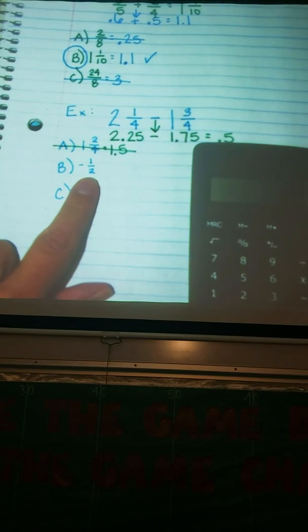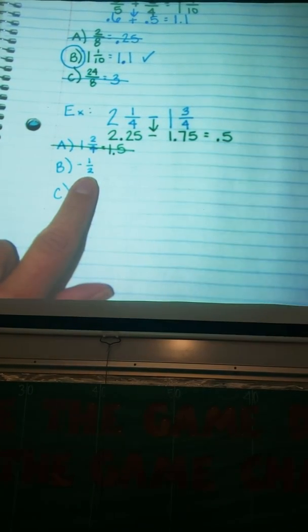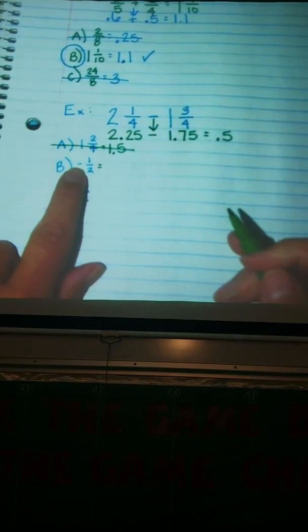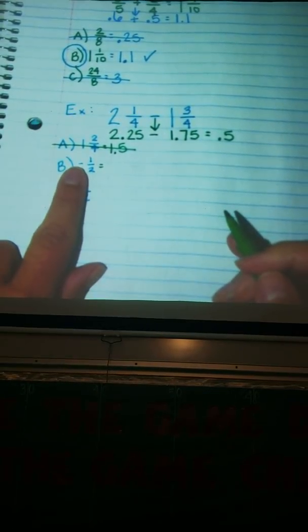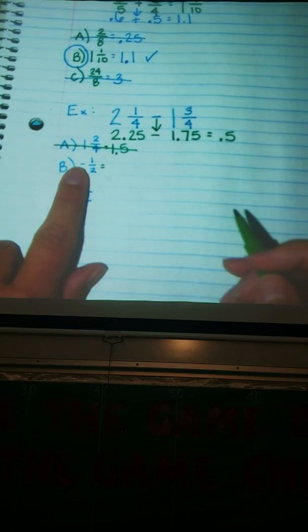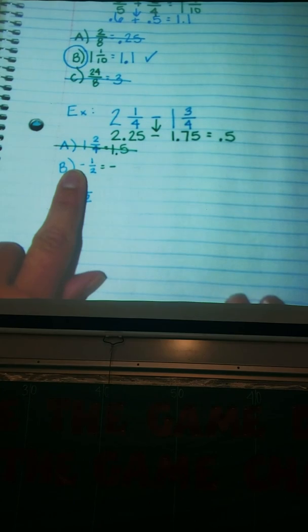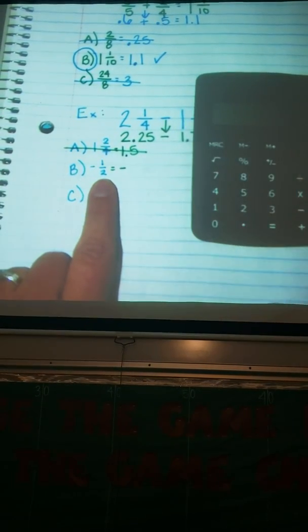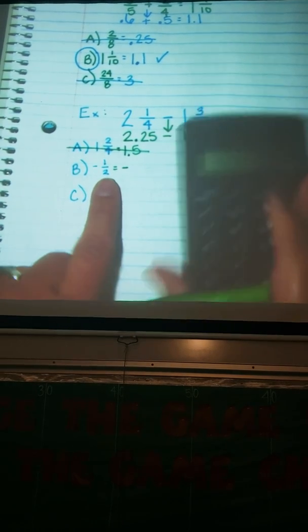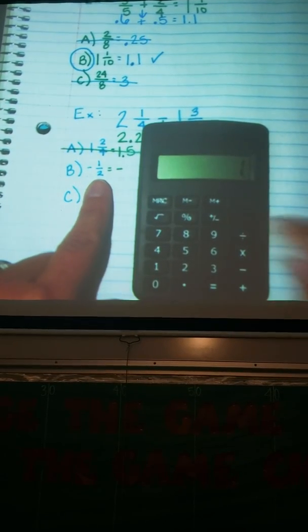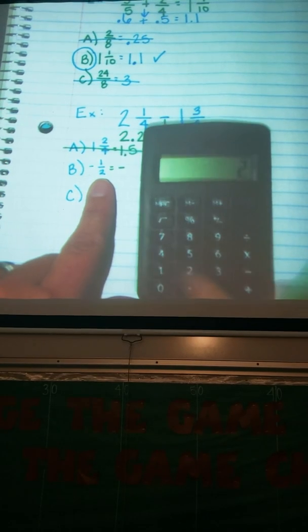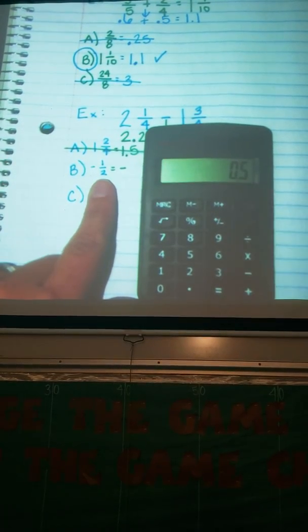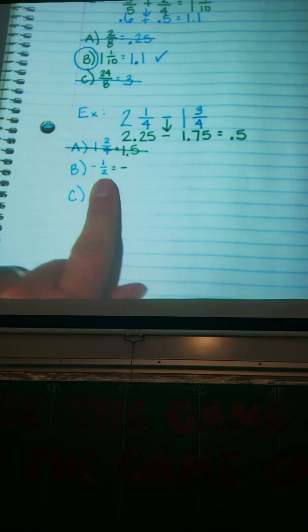Now, let's do this one. We talked about in our previous notes how you leave the sign alone. This is a negative 1/2. It's going to stay negative. So I'm going to go ahead and write the negative. And now I'm going to convert my fraction into a decimal. I'm going to do 1 divided by 2. Well, that gave me 0.5. Well, that's what my answer is, right?